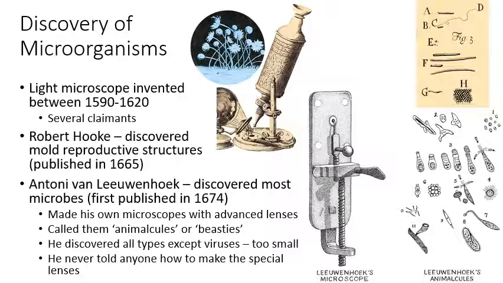He understood that microbes were alive, and he drew them and published that. He discovered all the types of microbes except for one, viruses, which are very, very small. You can't see them with a light microscope. You have to have an electron microscope. So he wasn't able to discover those, but every other type he was able to find.